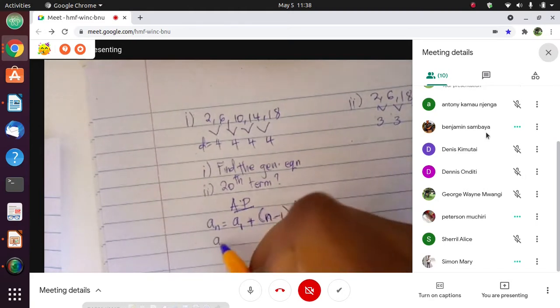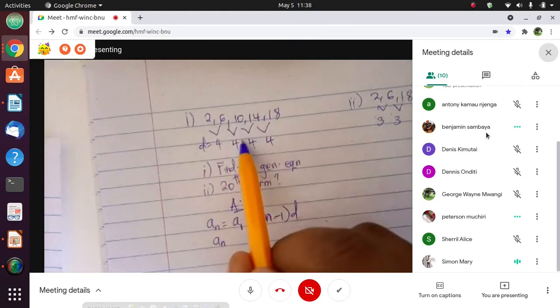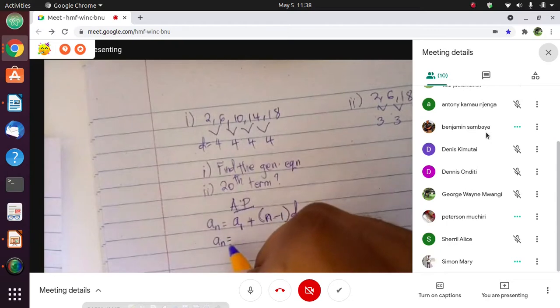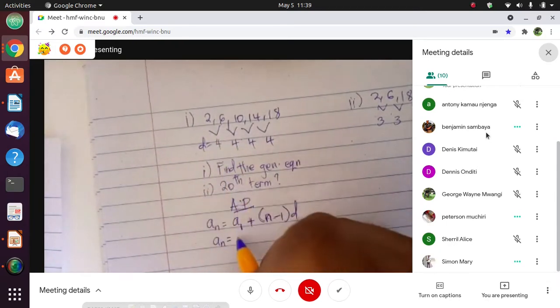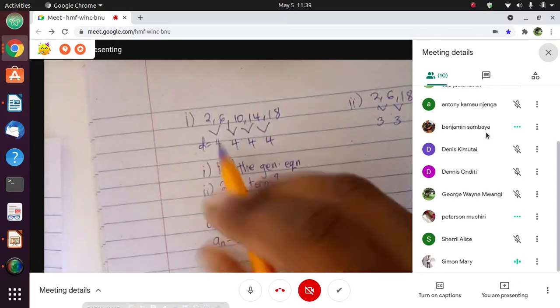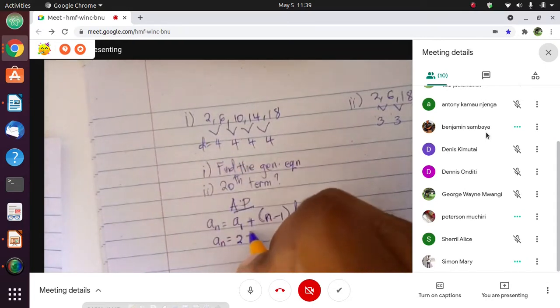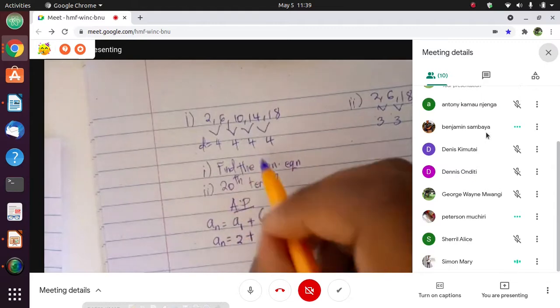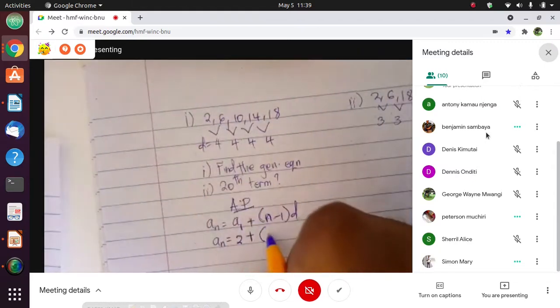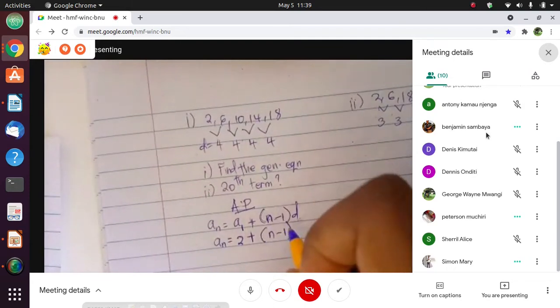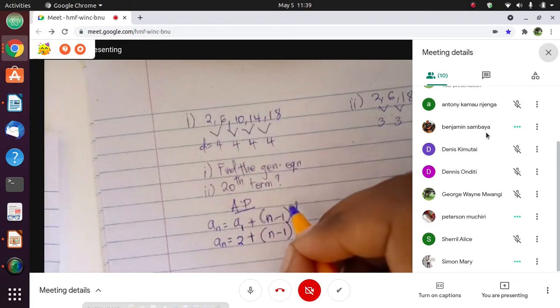Therefore, an for our equation will be given by the first term in our sequence, hapa ni ngapi? 2. A1 is 2 plus, we don't know how many terms our sequence has, so n minus 1, but we know the common difference between the successive terms. The common difference is 4.